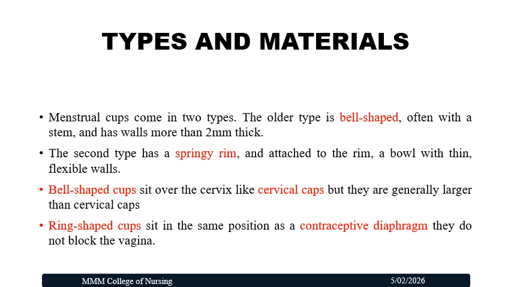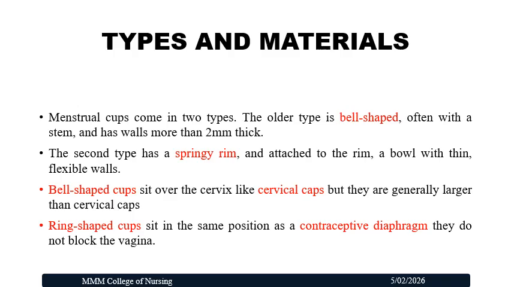The types and materials of menstrual cups. A menstrual cup comes in two types. The older type is bell shaped, often with a stem, and has walls more than 2 mm thick. The second type has a springy rim attached to a bowl with thin flexible walls.